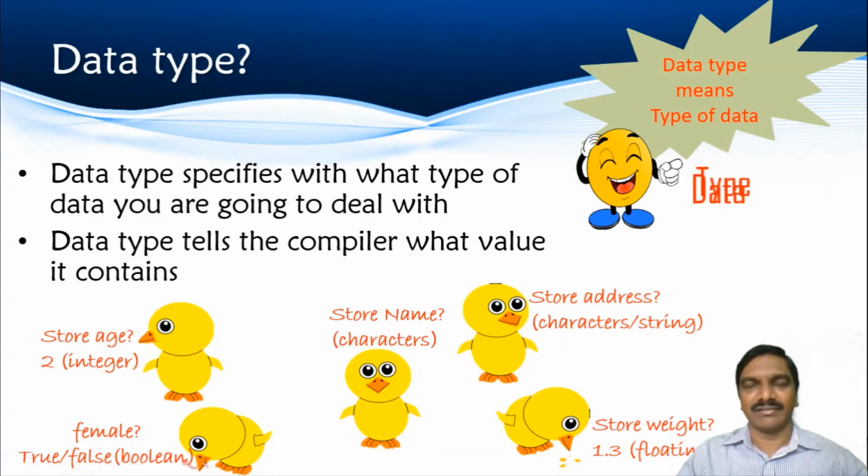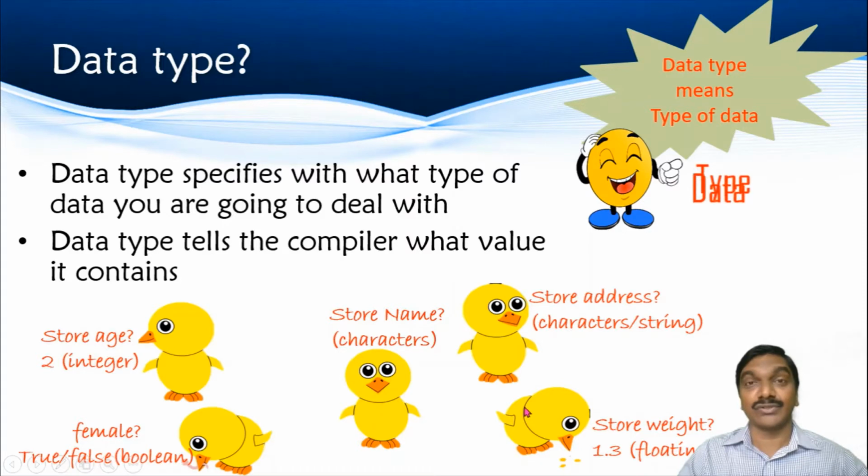Our name is full of characters, small a to small z or capital A to capital Z. In such a case, we use characters. Then if you want to store our address, still we can use characters, because in our address we can store our name, father's name, then door number, all these things we can store in characters.